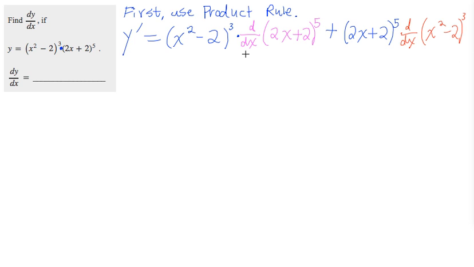Now we need to find this derivative and this derivative, and then we'll be done. So I'm going to copy the first part, x squared minus 2 cubed. Now, to find the derivative of 2x plus 2 to the fifth, that's going to involve chain rule because we have an inside function, 2x plus 2, all being raised to the fifth power, which is the outer function.